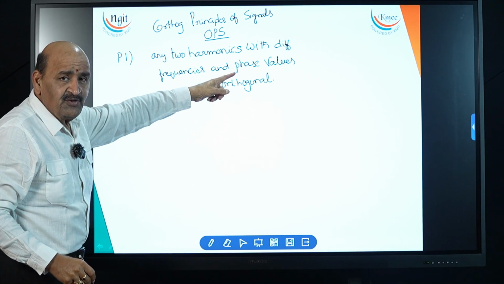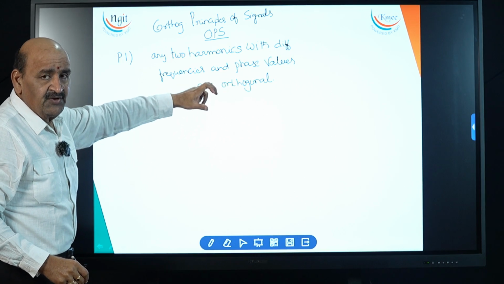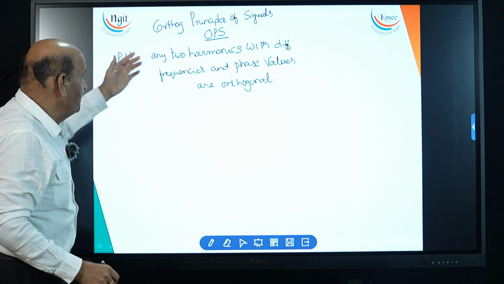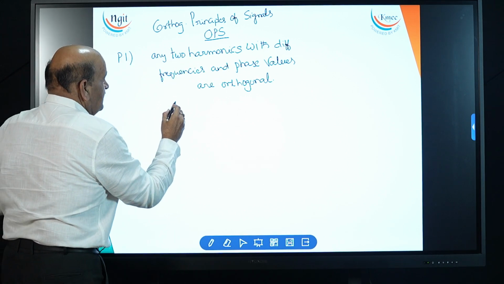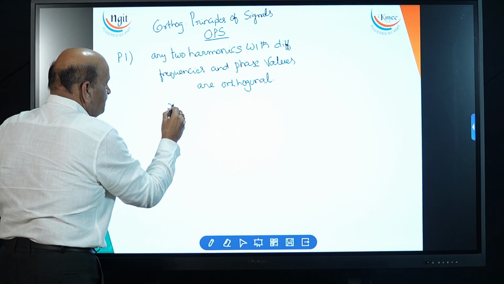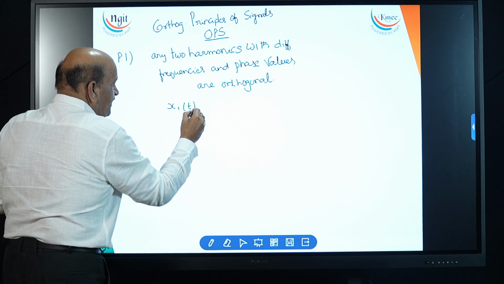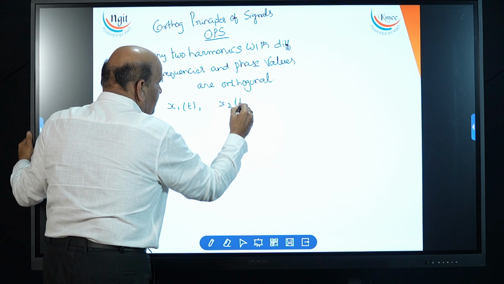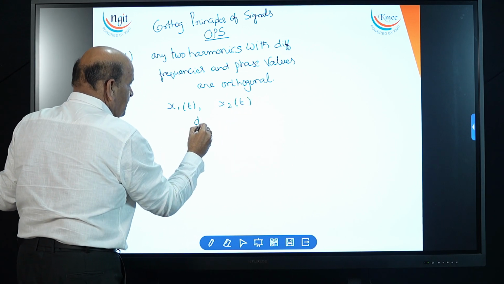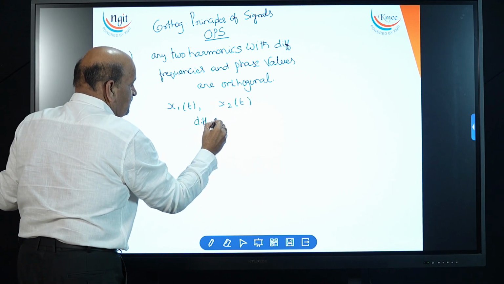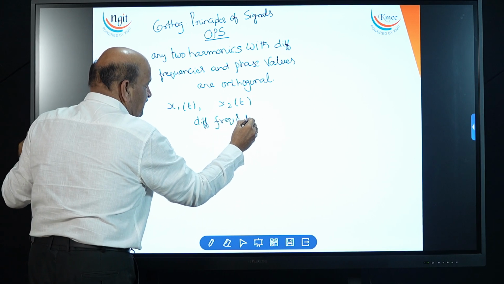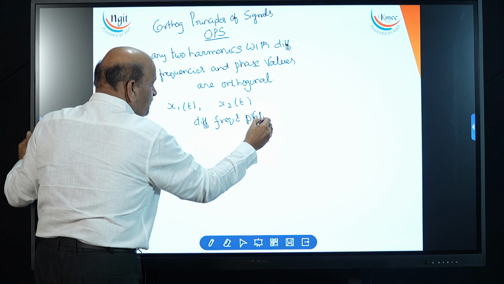Here phase value is called angle. In mathematics notation we use the word angle. Here we use phase value. For example, x1 of t is one signal, x2 of t is another signal with different frequencies and phase values.